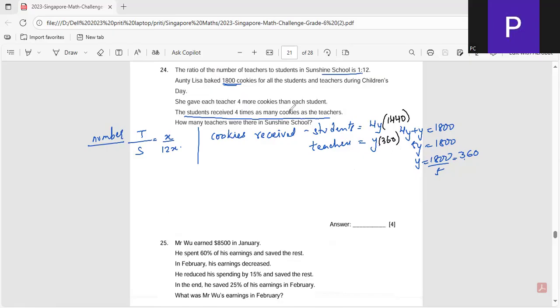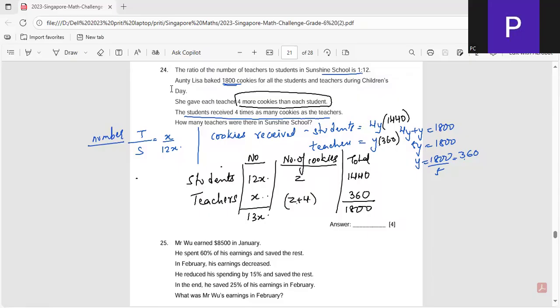Now they are saying she gave each teacher 4 more cookies than each student. So now we make this grid to understand the relationship. Number of students and teachers: if teachers are x, students are 12x.